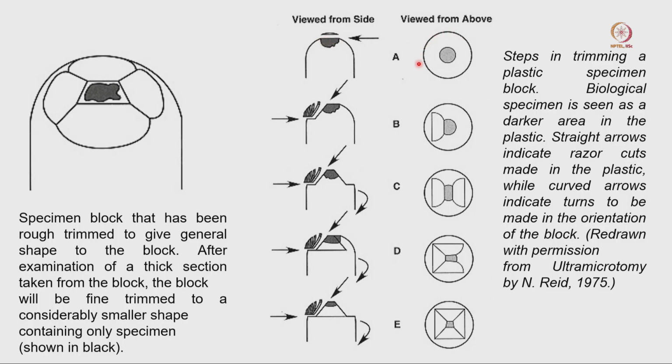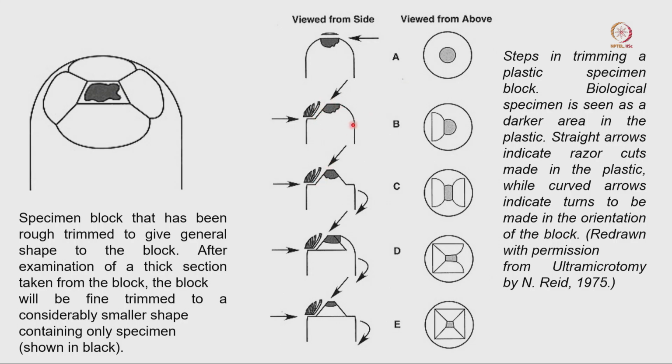So, from the top the sample should look like this at the beginning. This is your tissue sample and this is the plastic resin block, and your tissue is embedded within that block. Now, you use a blade or an automatic system to remove one side of that plastic block as much as possible and make a shape something like that.